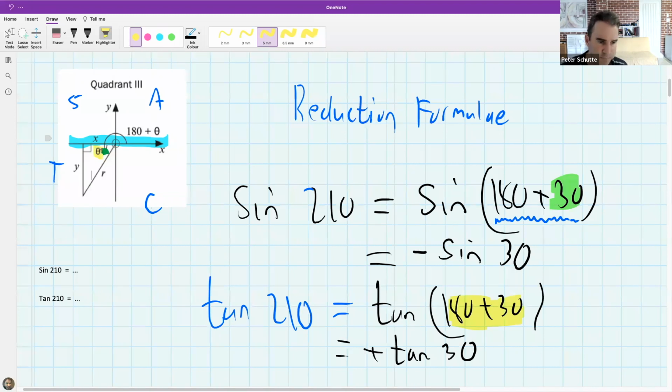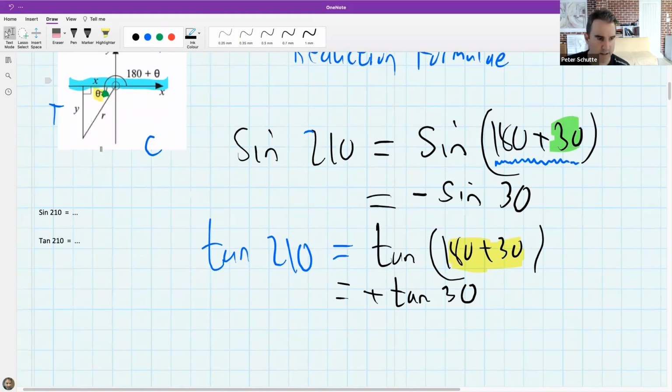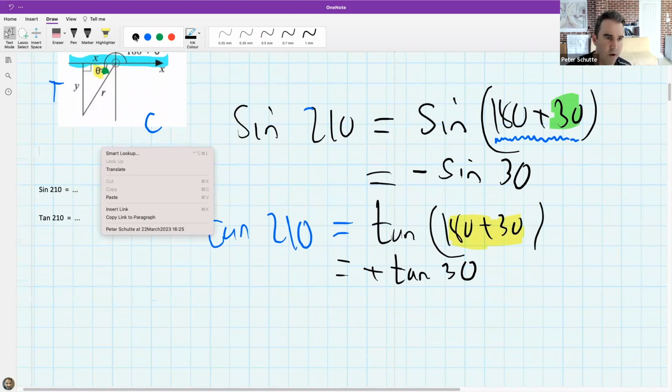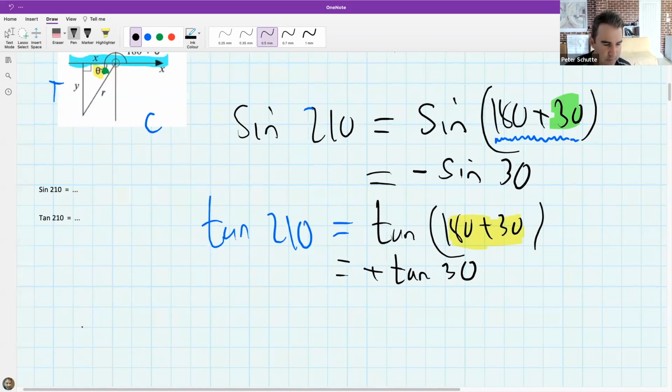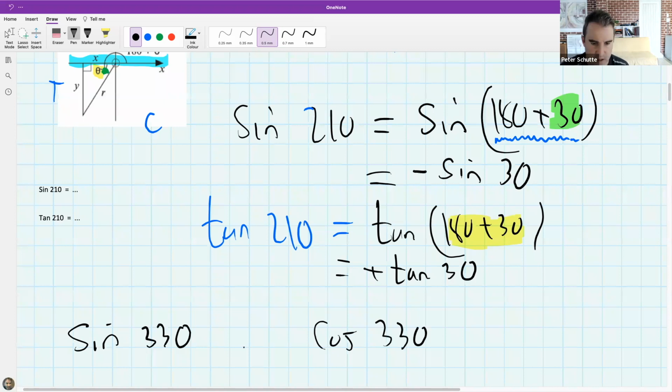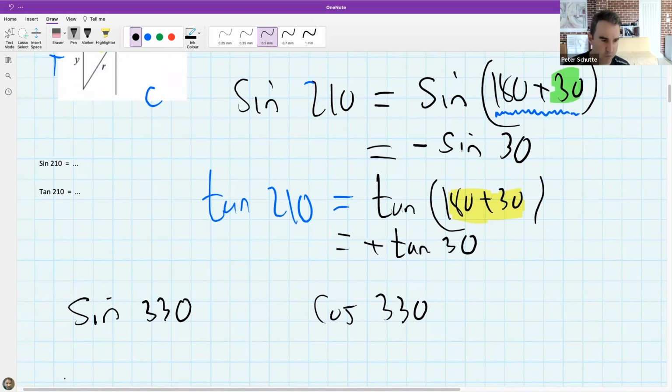Now, let me ask you to do another one, but this time I want you to do the sine of 330 and the cos of 330. I want you to reduce those two for me. Actually, the tan of 330 as well.